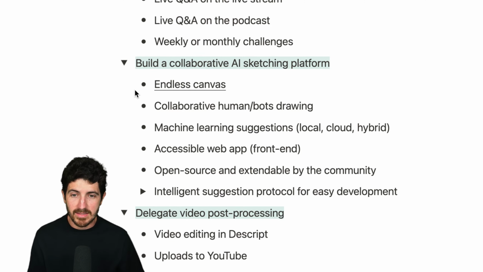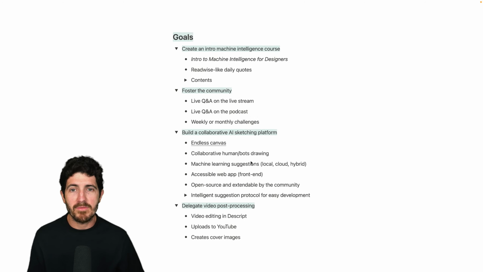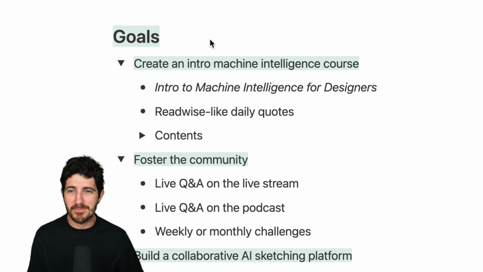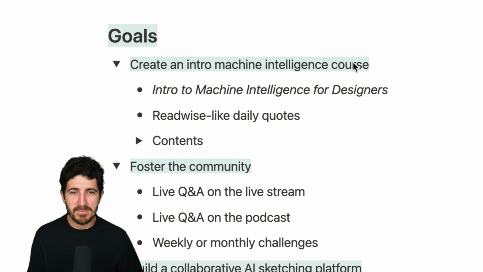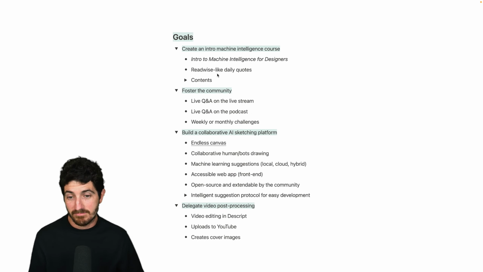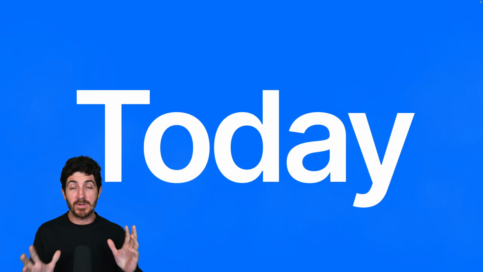And we're looking at a specific algorithm that maybe in the future we can use also for that. And I'm collaborating with some people trying to see how we can make this intro to machine intelligence for designers course advance a bit, because we haven't done a lot of work there.